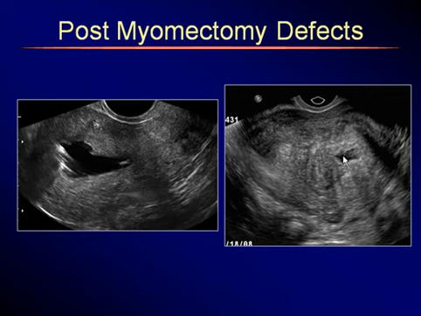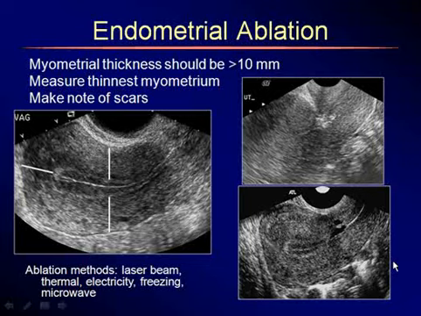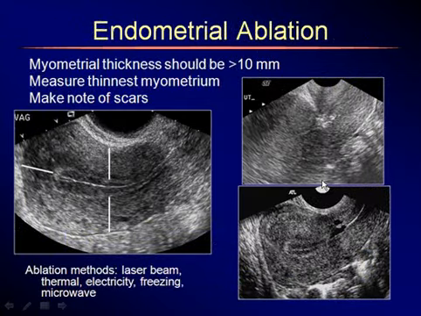By the way, there have been reports of ectopic pregnancies establishing implantation in some of these sites as well. We used to think that it was impossible to have a pregnancy within the myometrium, but now with all these surgical procedures, it is actually possible.